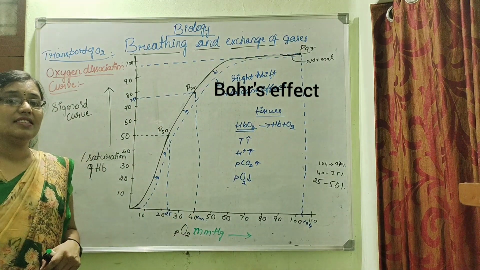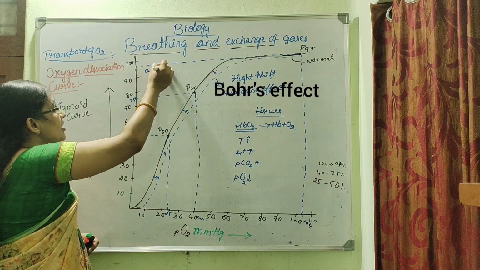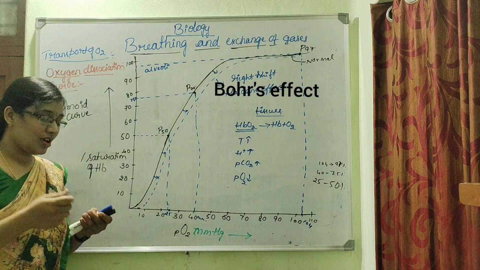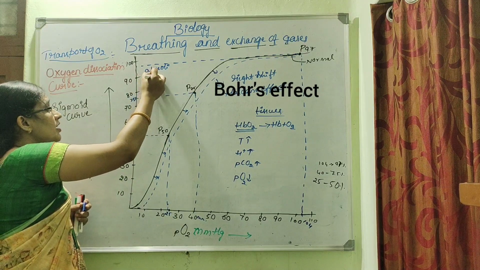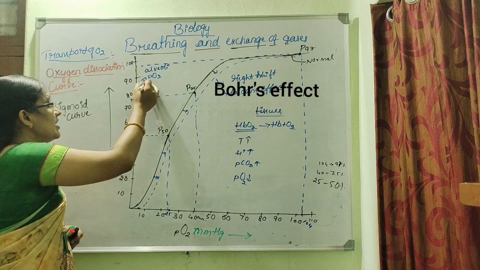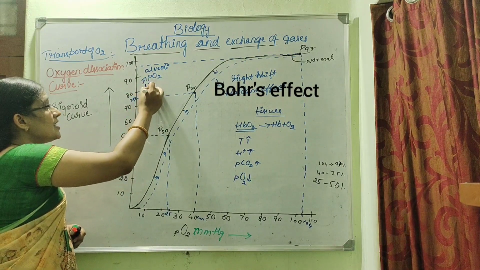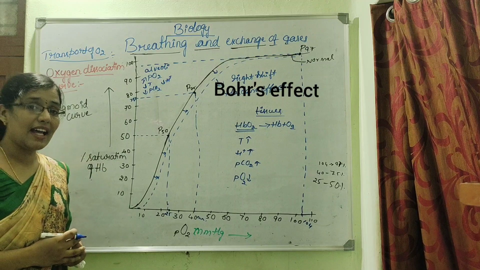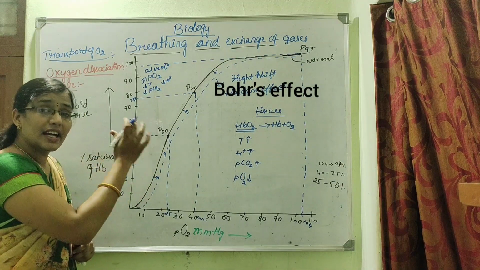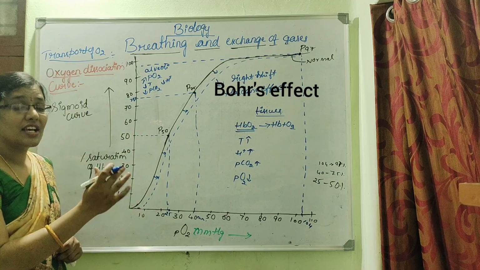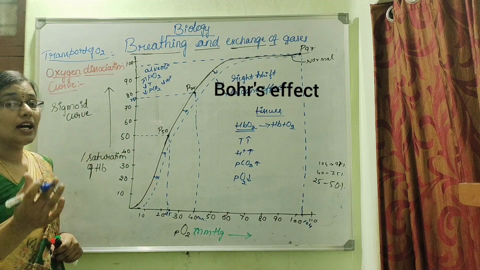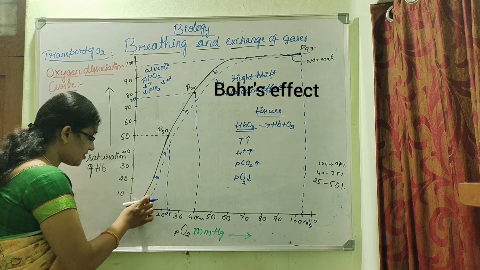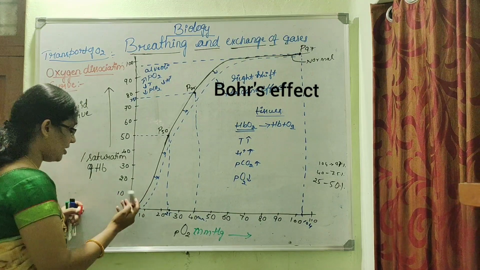Whereas when we consider the alveoli, inside the alveoli there is more partial pressure of oxygen, less temperature, less PCO2 concentration, and fewer protons are released. Those factors favor the binding of oxygen to the hemoglobin, which results in the formation of oxyhemoglobin.